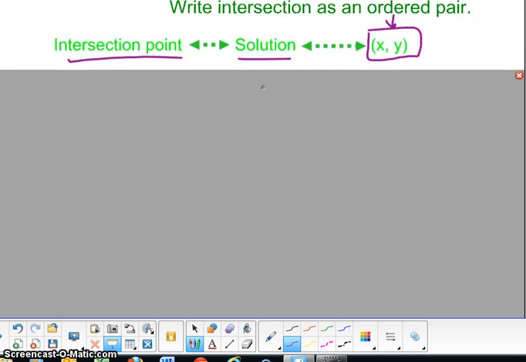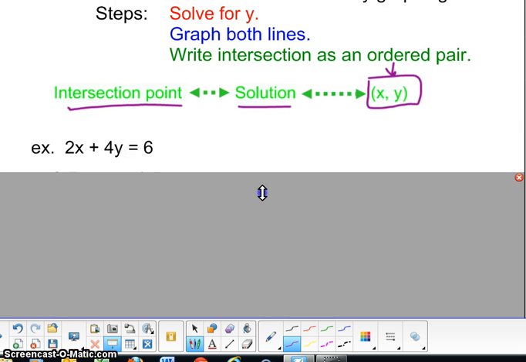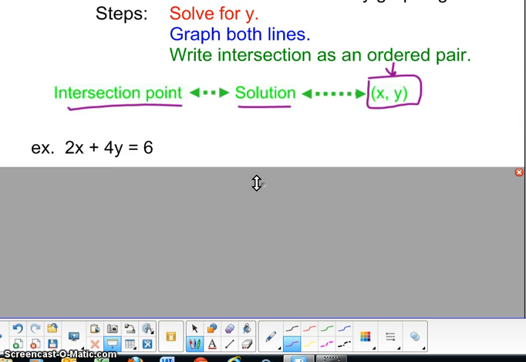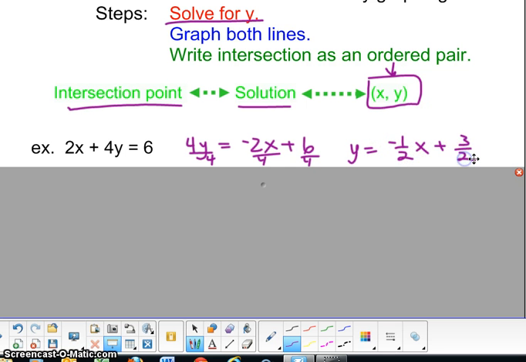Okay, so let's look at the first one. 2x plus 4y equals 6. So we need to solve for y first. So that would be 4y equals negative 2x plus 6. And if I divide everything by 4, I am left with y equals negative 1/2 x plus 3/2.